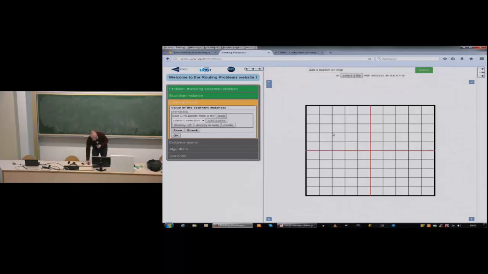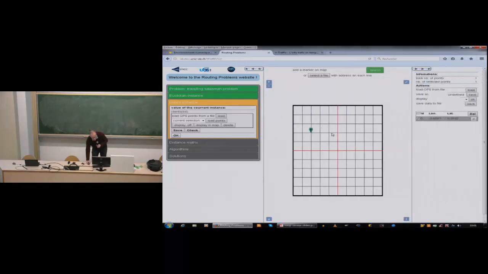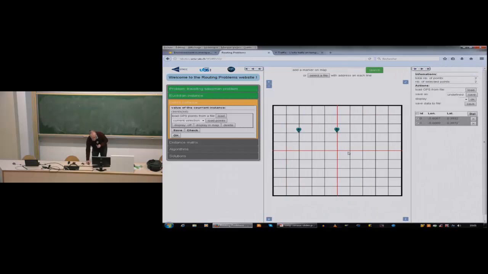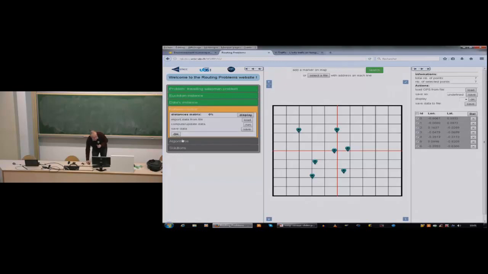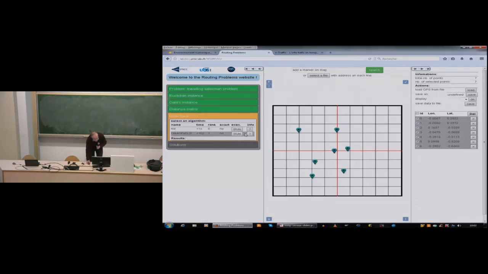You have the square here, and you can drop points. Then I just load the points, click on OK, compute the distance matrix, which is very easy for the Euclidean distance, and then I can run the algorithm.